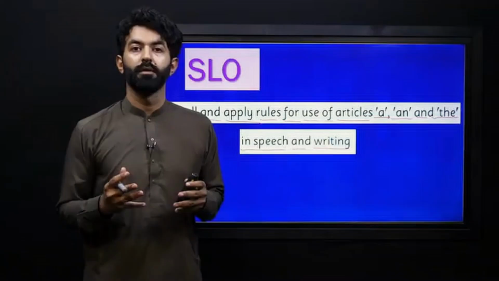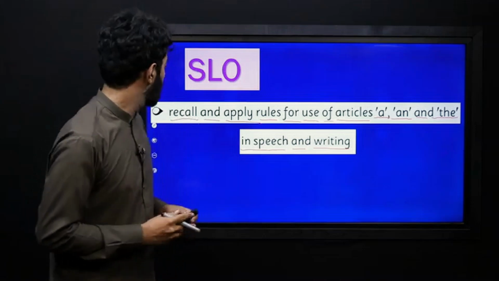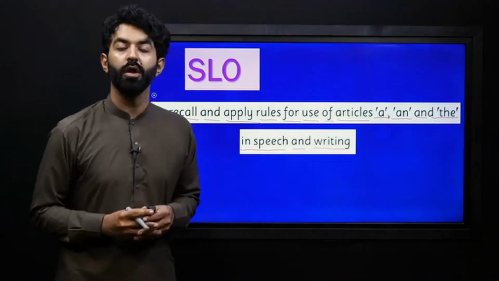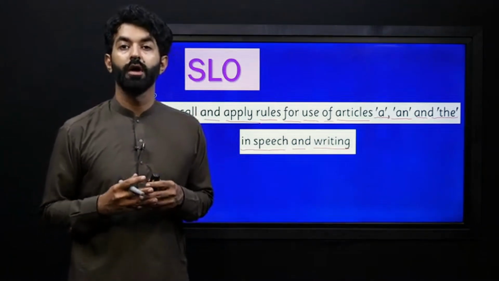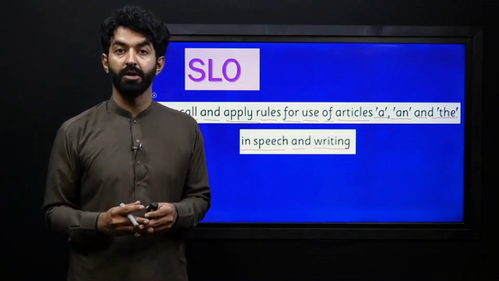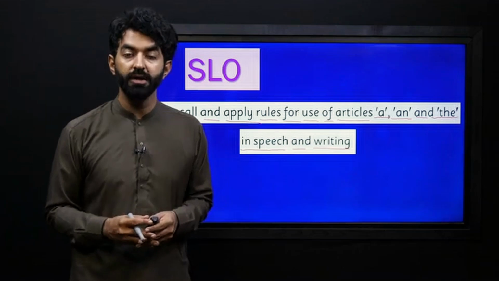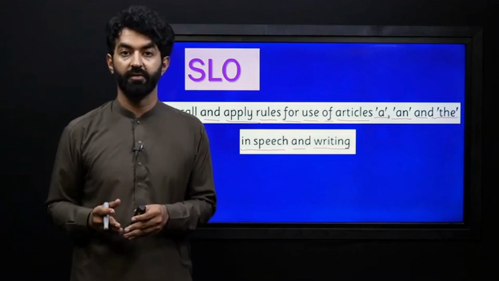So, my dear learners, we are going to see the use of articles and we will recall our concept of parts of speech in which we learned about a term article, and we saw that there are two kinds of articles, definite and indefinite.